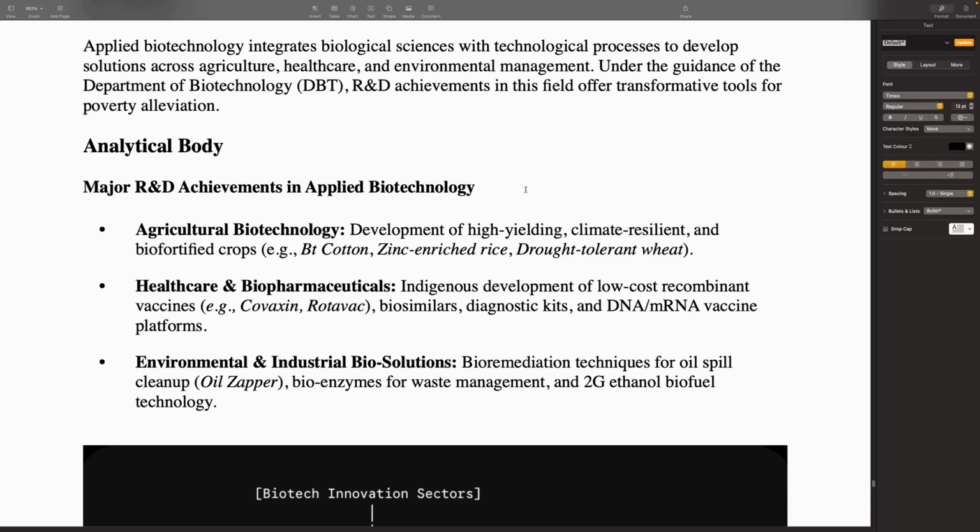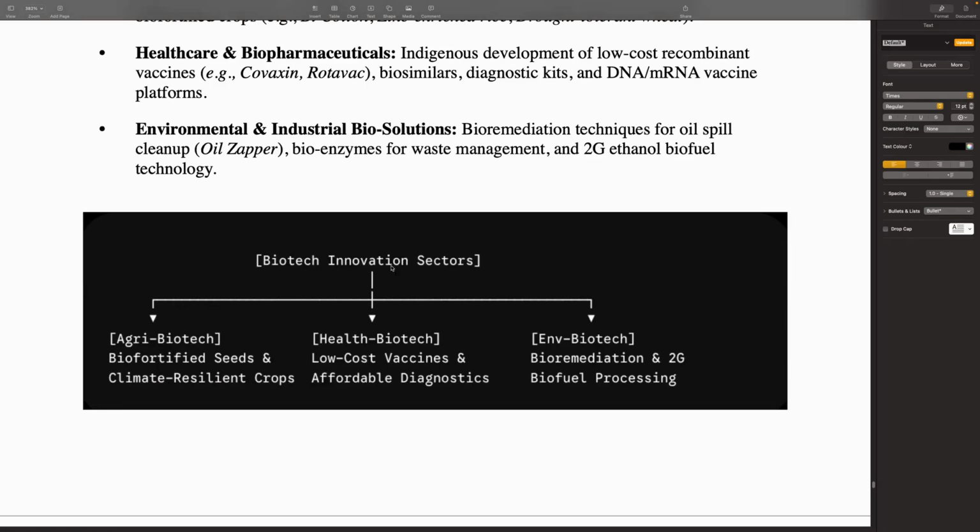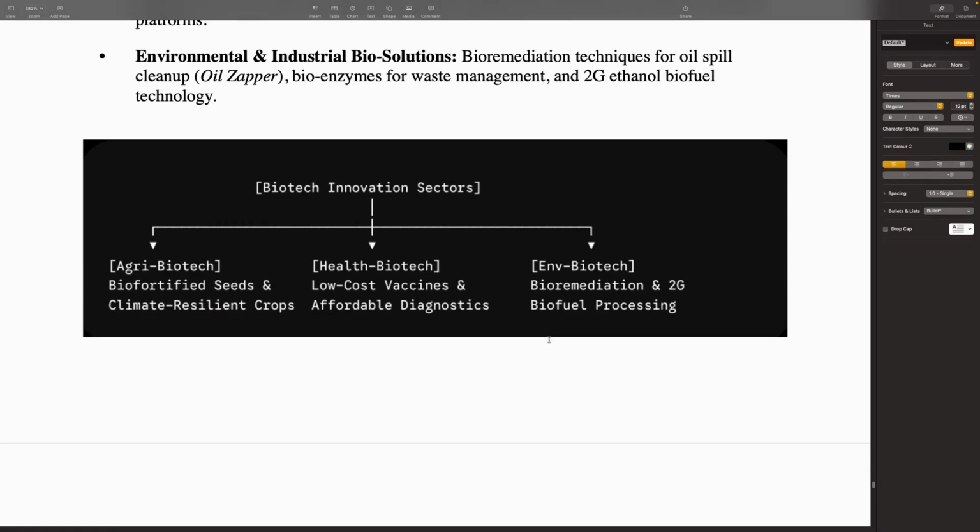Environmental and industrial biosolutions: bioremediation techniques for oil spill cleanup, Oilzapper, bioenzymes for waste management, and 2G ethanol biofuel technology. Bioinnovation sectors: agri-biotech, health biotech, and environmental biotech.